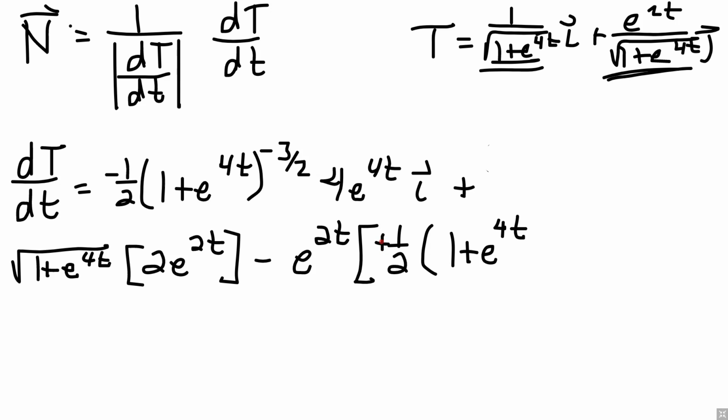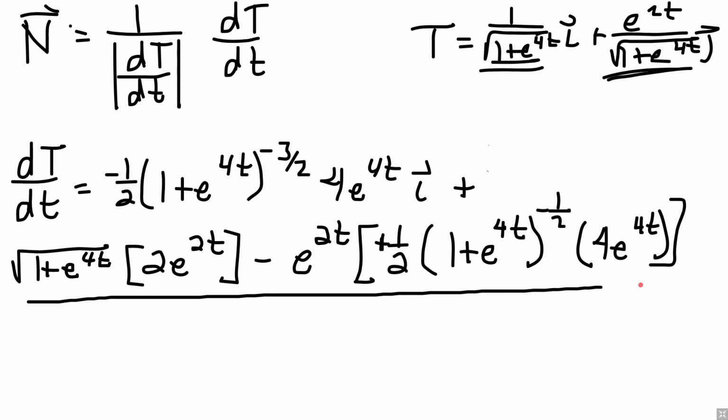Oh, excuse me, positive 1/2. 1 plus e to the 4t raised to the negative 1/2 power times 4e to the 4t, over the bottom squared, which is going to be 1 plus e to the 4t. So this ugly thing is in the j direction.